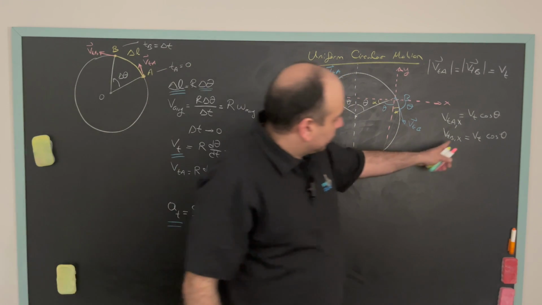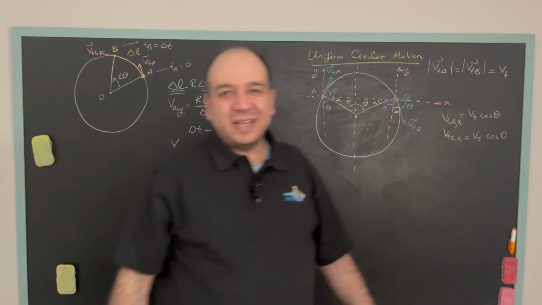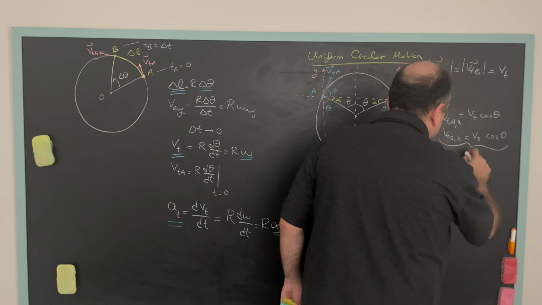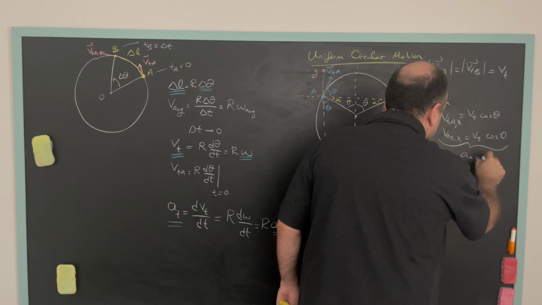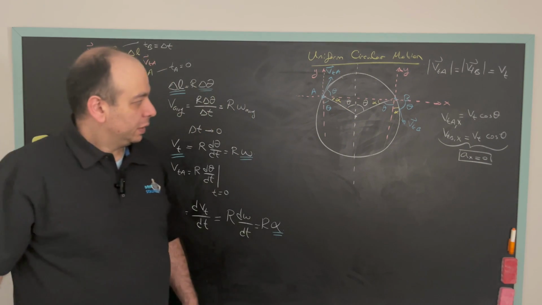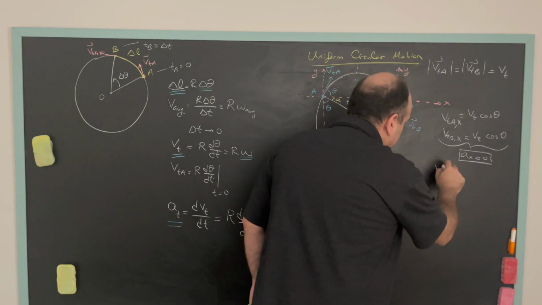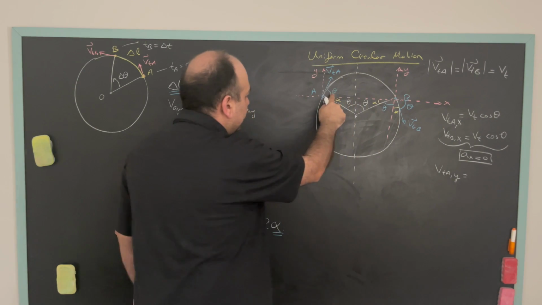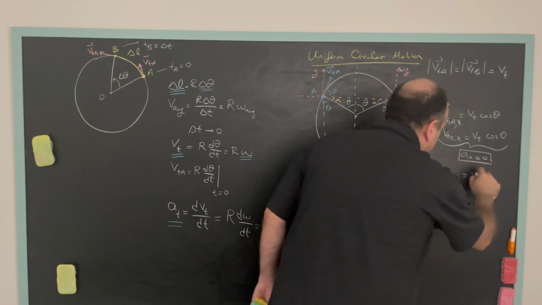What do we see here? There is actually no change in the x components of the velocity. This result simply suggests that the x component of the acceleration must be equal to 0. This is very good. Now let's see VTAy. The y component of VTA is going to be VT sine theta.